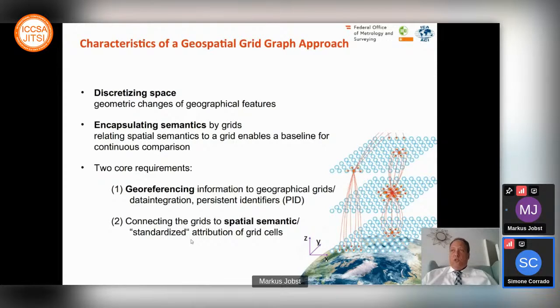Does the road change? Is it going to be a highway or still a residential road? So we have core requirements here in order to identify those information changes, which is the georeferencing. And we are doing this with geographical grids, which means that we have data integration involved and persistent identifiers embedded. Otherwise, we cannot establish the relations. And then, of course, we're connecting those grids with the spatial semantics.